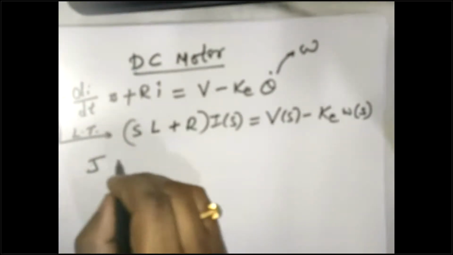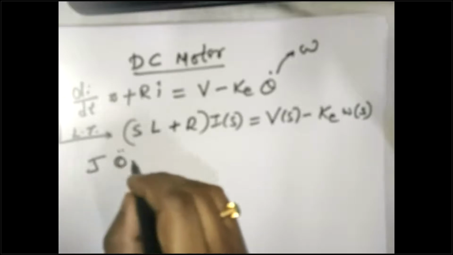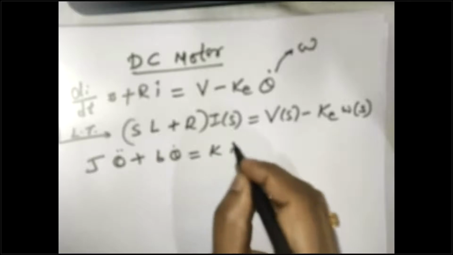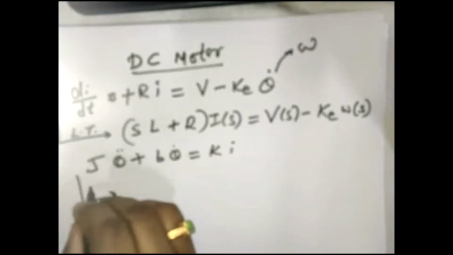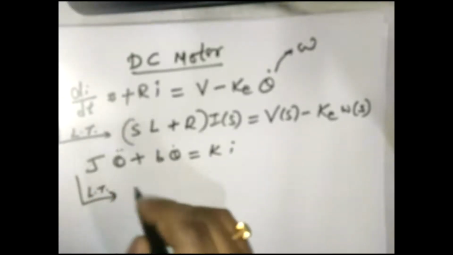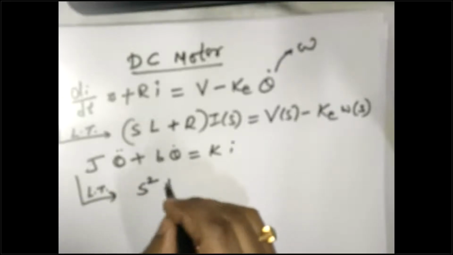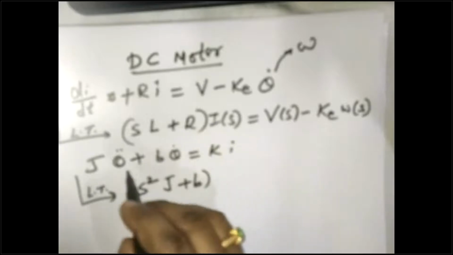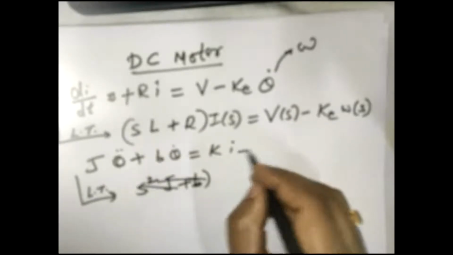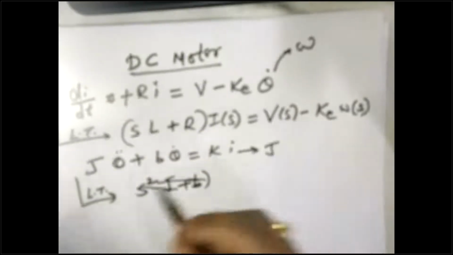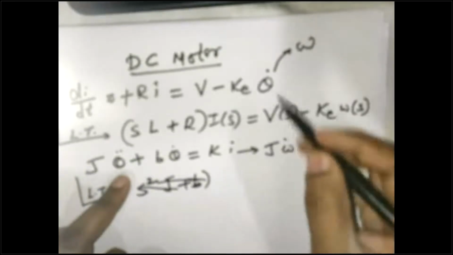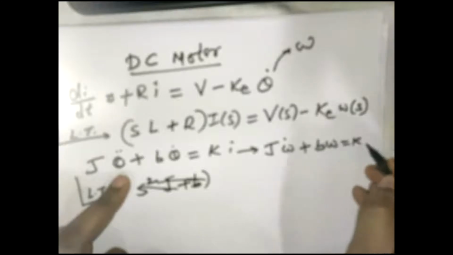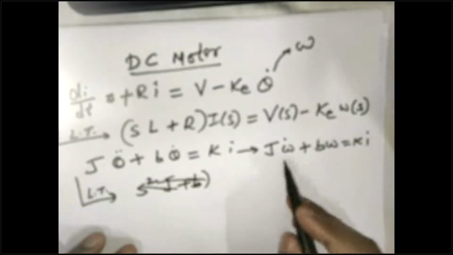So the next one is J theta double dot plus B theta dot equal to K into I. If I take the Laplace transform of this one, since theta double dot is there, it will become s square into J plus B is the constant. Otherwise, I can write in other terms as well, J into omega dot, because theta dot is omega, plus B omega equal to K into I. So this is one equation.